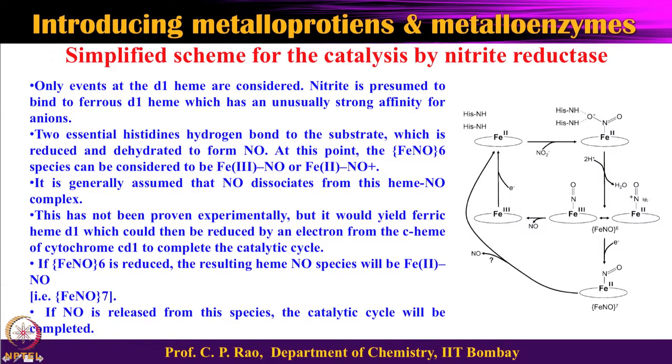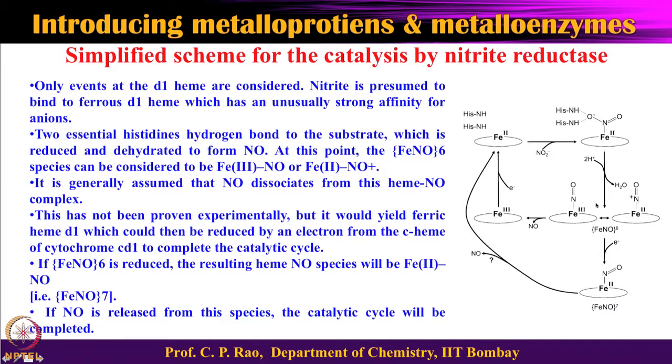On the other hand, if it goes via the Fe2 with the nitrosyl radical type, then the further electron transfer should bring a different species called FeNO7. Again, this should dissociate, and no evidence has been shown completely for either of these, but there is a possibility.